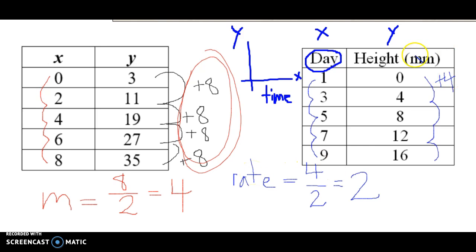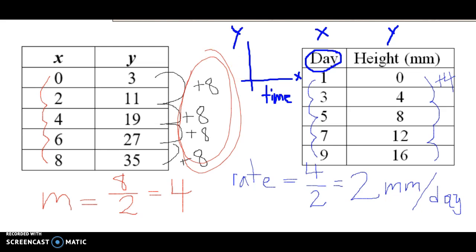Well, we had y on top, so y was millimeters. So millimeters was the unit on top divided by what was on the bottom. What did this 2 represent? It represented days. So if I calculate my rate, it should make sense, right? I don't say 2 days per millimeter. I say 2 millimeters per day.